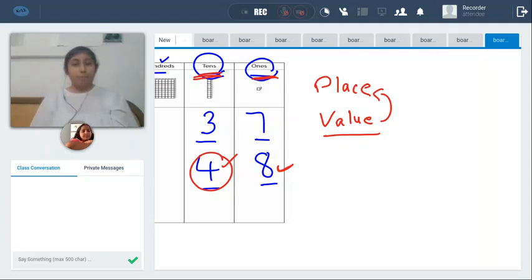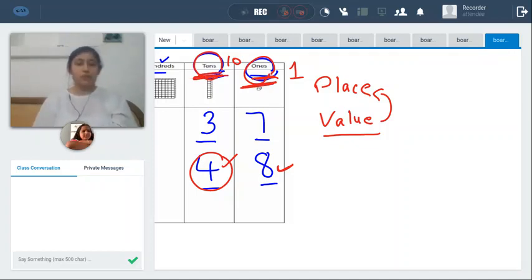The value of the ones place is 1, and the value of the tens place is 10. That is why they have the names ones and tens.